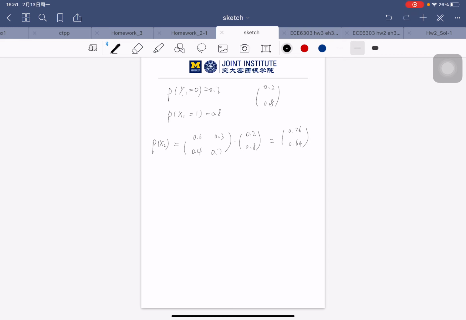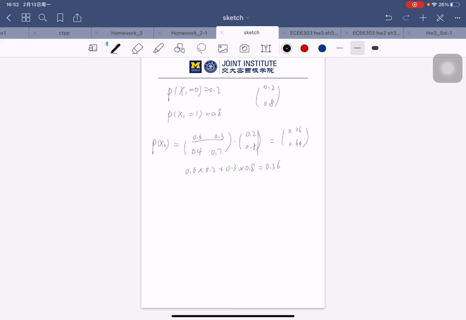So let me explain why it is 0.63, which is gotten by 0.6 multiplied by 0.2 and add 0.3 multiplied by 0.8, and then we will get 0.36.